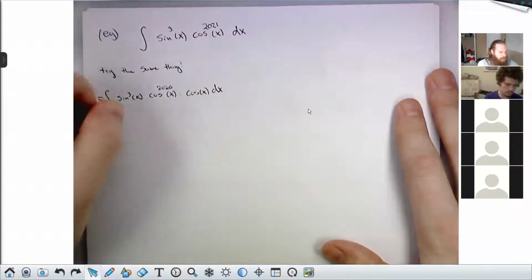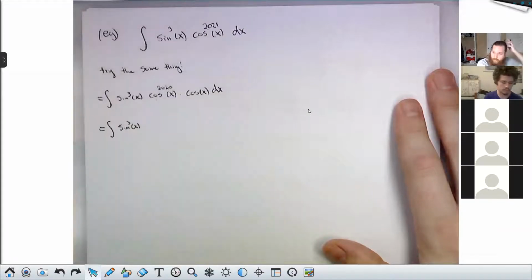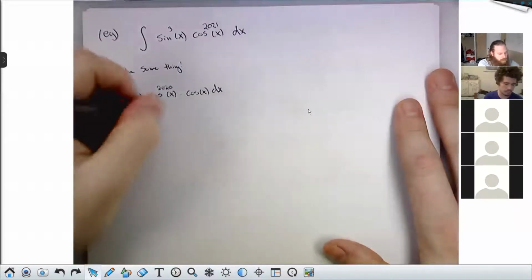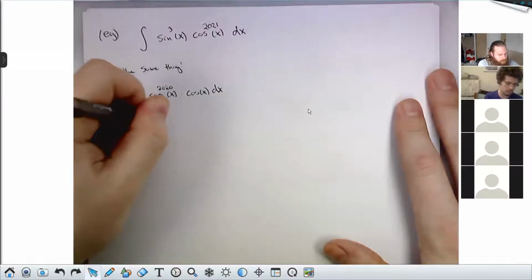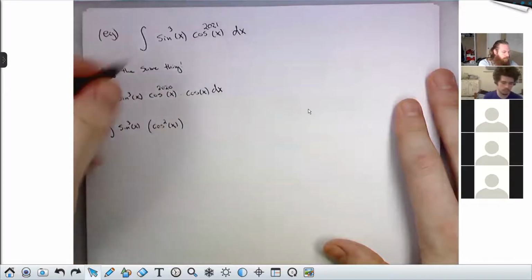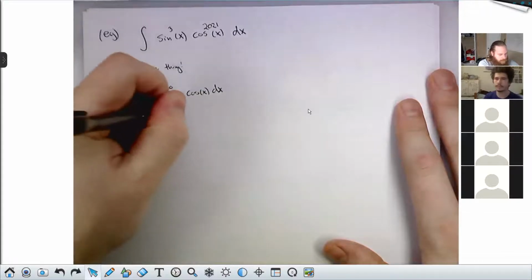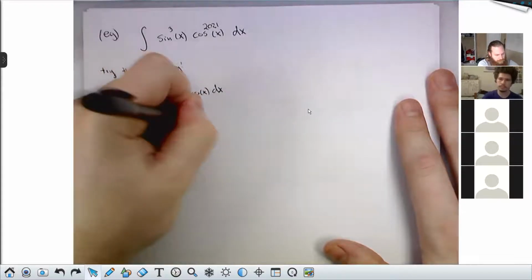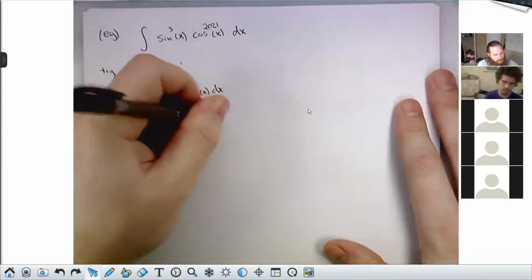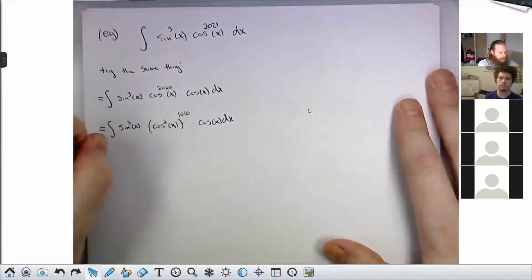In order to make that substitution go through, I need to rewrite cos to the 2020 as a combination of sines. So I'd begin by writing this as cos squared x raised to the what? What's 2020 divided by 2? Well, it's 1010, right? And then I still have my cos x dx here. And now I can use the Pythagorean identity.